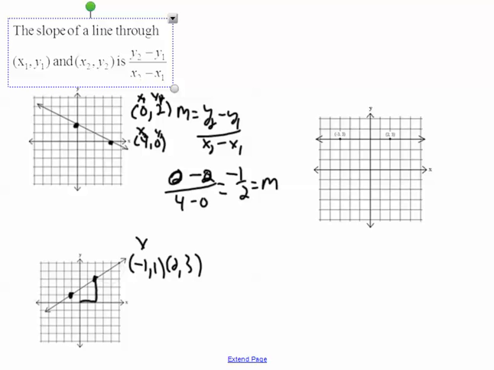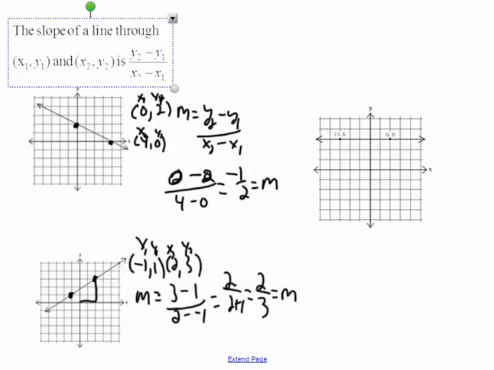So I'm going to go x1 y1 x2 y2, and in this formula, y2 is 3 minus 1 over x2, which is 2 minus negative 1. That gets me 2 over 2 plus 1, which gives me a slope of 2 over 3. That's my positive slope. Looks good. I like it. Good to go. Next one.